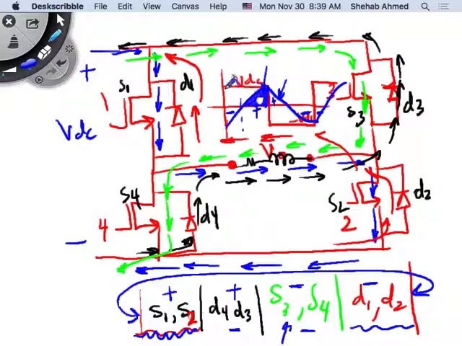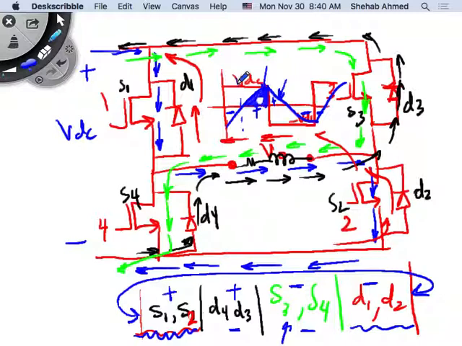But if I have many multiples of these switchings happening in a single period, the number of switchings that I can have in a single full period of the fundamental waveform is going to be limited by the amount of dead time that I have. If you have to maintain a huge amount of dead time, then it eats away from your switching period, and you're going to limit the switching frequency that you can have.